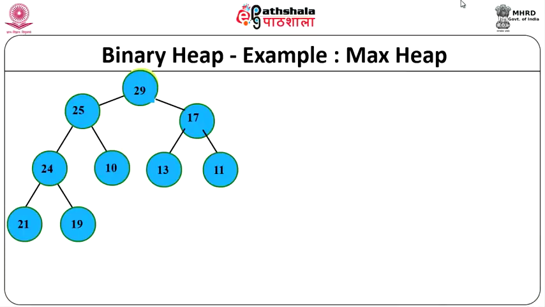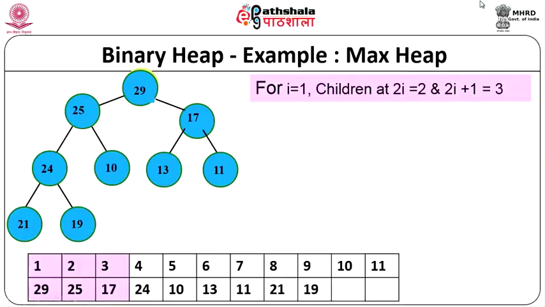Now, we will go to the array representation. Let us assume the array is from 1 to 11. Now, for i is equal to 1, the children are at 2i and 2i plus 1, so at 2 and 3. So, for the root node which is at first position, the children will be at 2 and 3. Now, let us take 2.